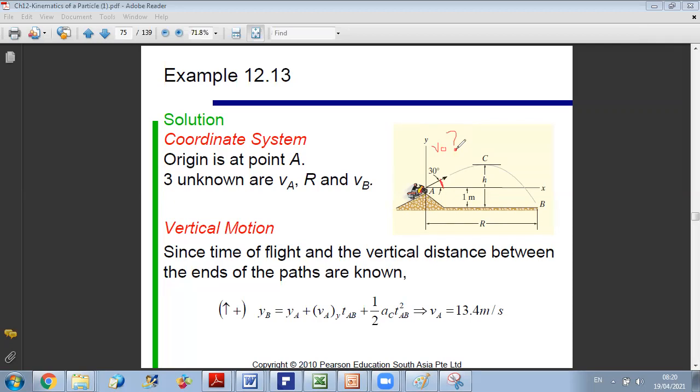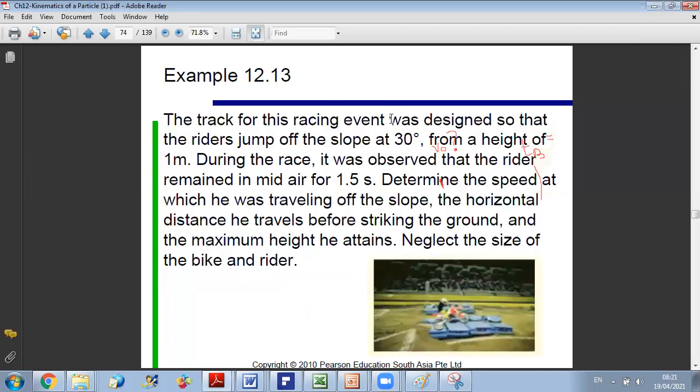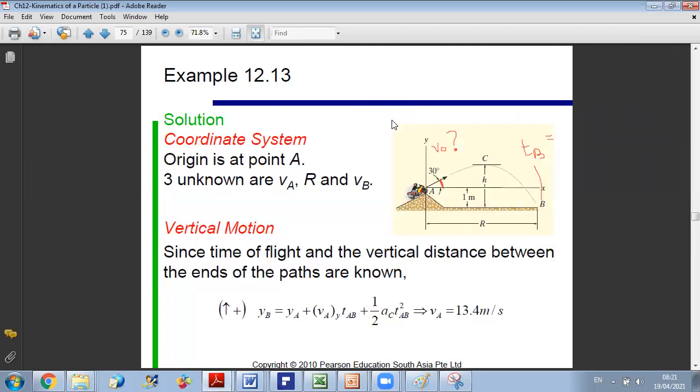And the second information we know is the total time of motion, TB. Let me make sure. Yes, the total time is 1.5 seconds. So TB is equal to 1.5.